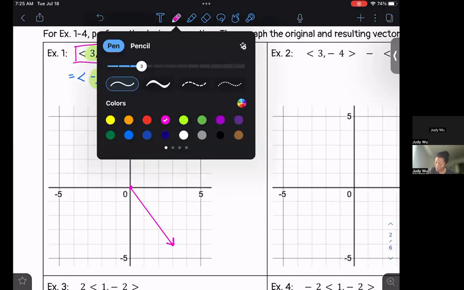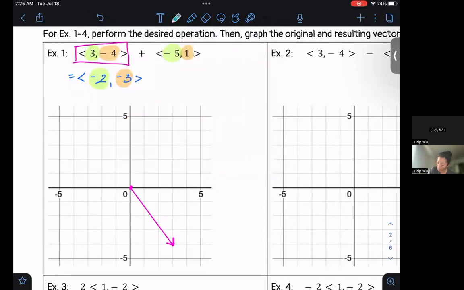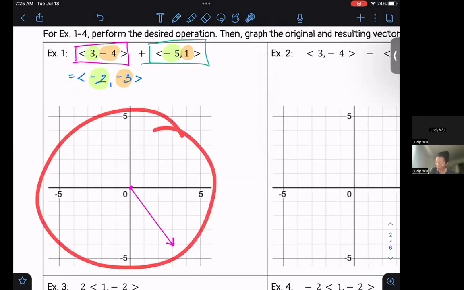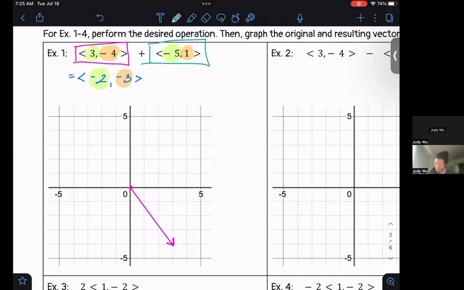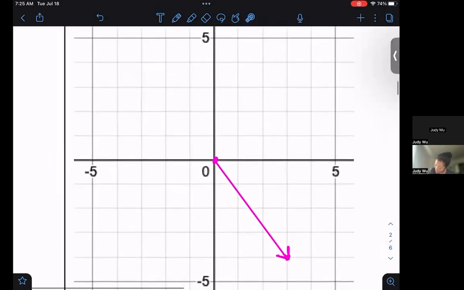Now, we're going to go ahead and take this second vector, -5 comma 1, and we're also going to draw it from the origin. Okay, so -5, I'm going to go -5, and it's +1, so I'm going to go up 1. Okay, and I'm going to connect that.